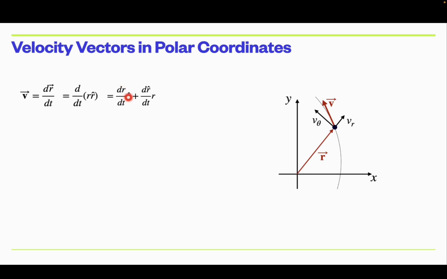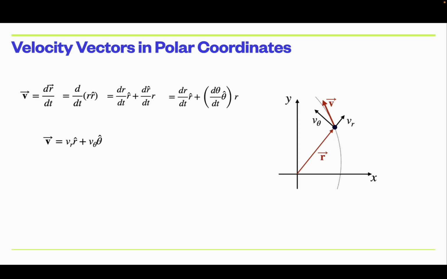Derivative of r, dr dt times r hat, plus dr hat dt times r. And from the previous slide, we found that dr hat dt is just d theta dt times theta hat. That's the result that we just derived.